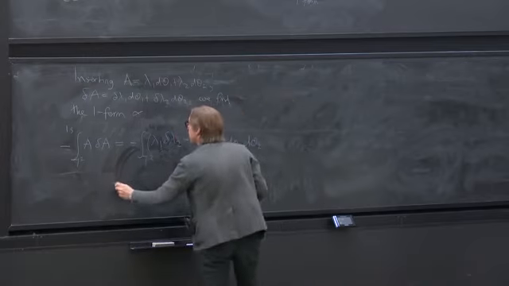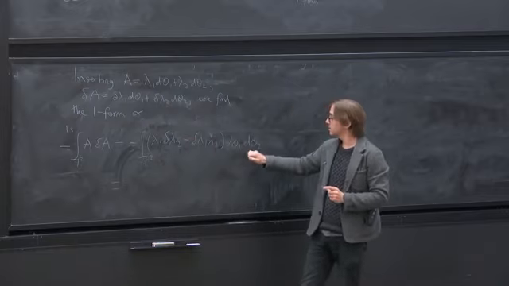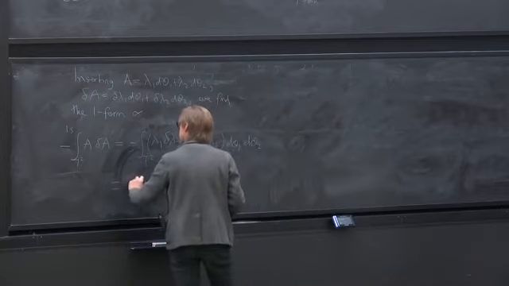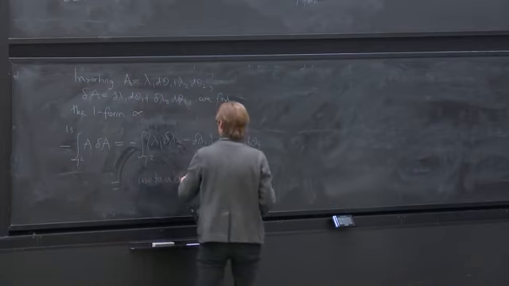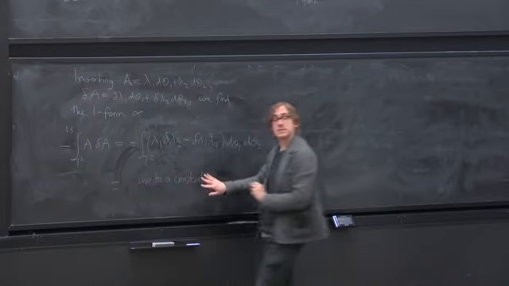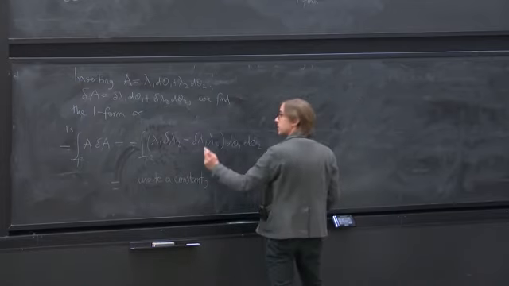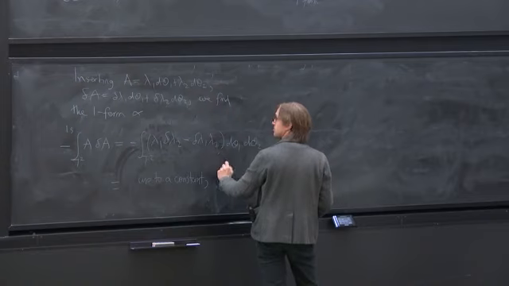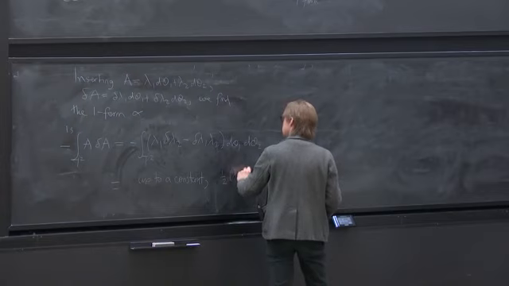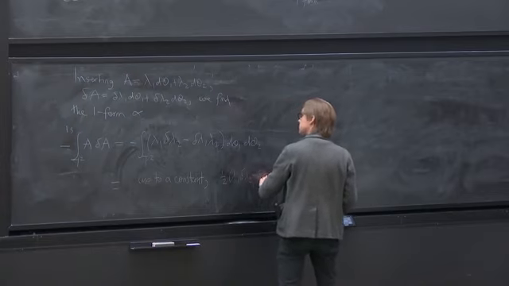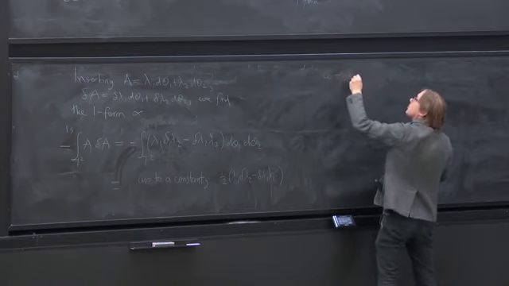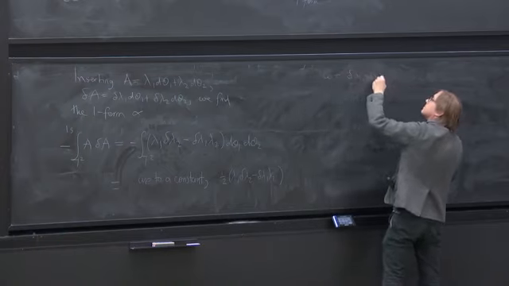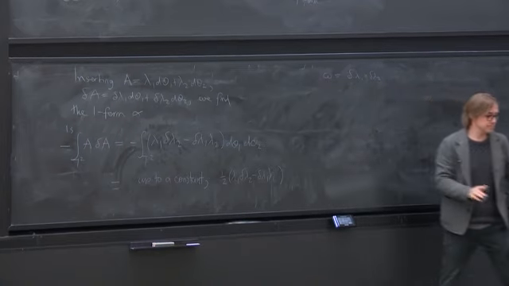Since these lambdas are constant on the torus, up to a constant, and I'm always going to have trouble normalizing these constants, the two-form omega is delta lambda 1 wedge delta lambda 2.